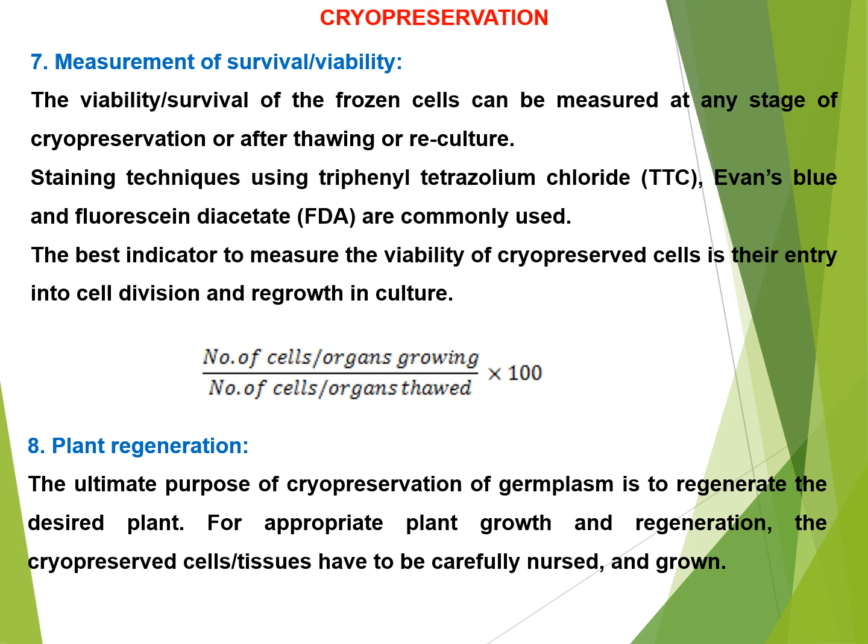The viability of the cells needs to be checked after thawing. This is generally done by certain staining techniques like staining with Evans blue or fluorescein diacetate. The viability of the cells is then calculated. This is followed by plant regeneration.